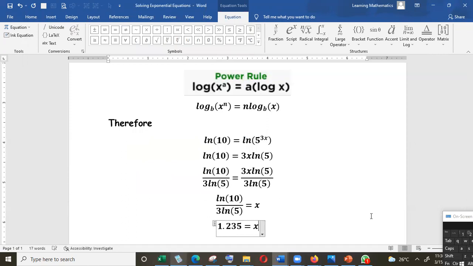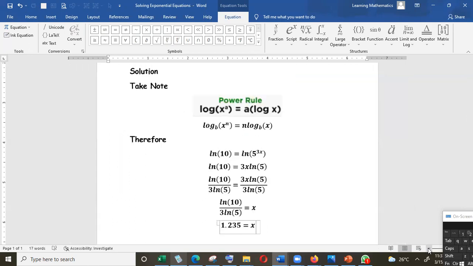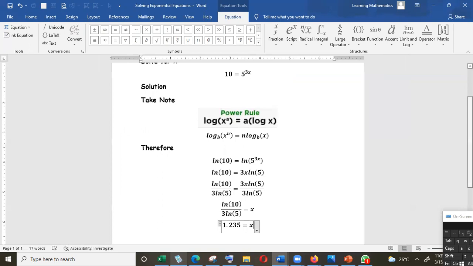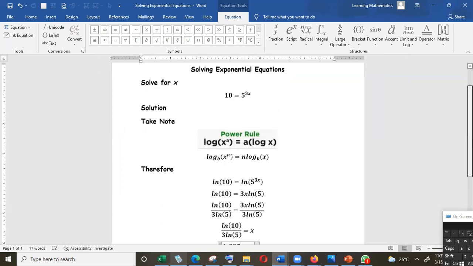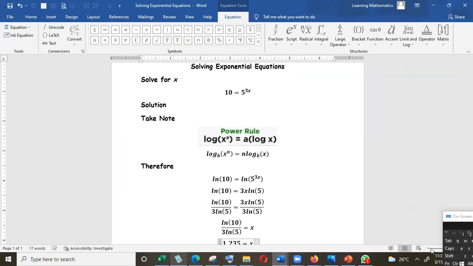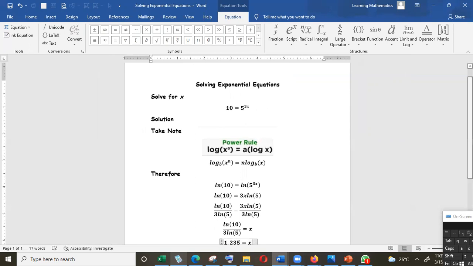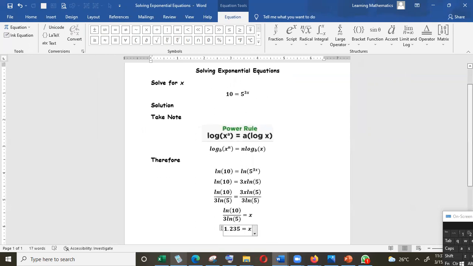So please make sure that you can apply this power rule to solve exponential equations.